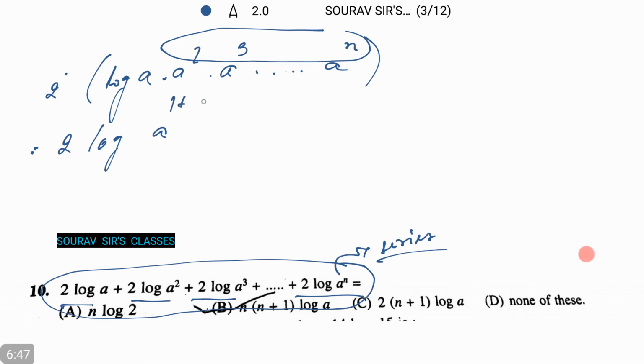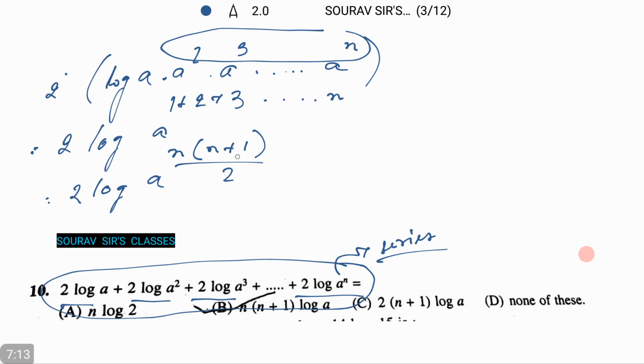We have 1 plus 2 plus 3 and dot dot dot n. So we have 2 into log with base a and exponent n into n plus 1 by 2.